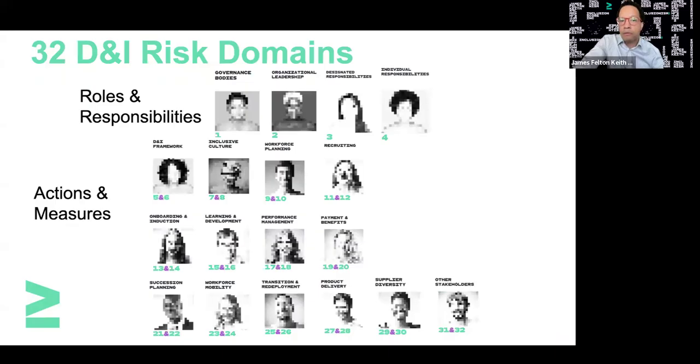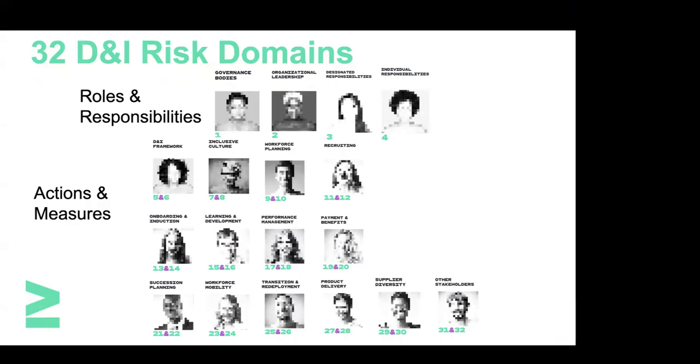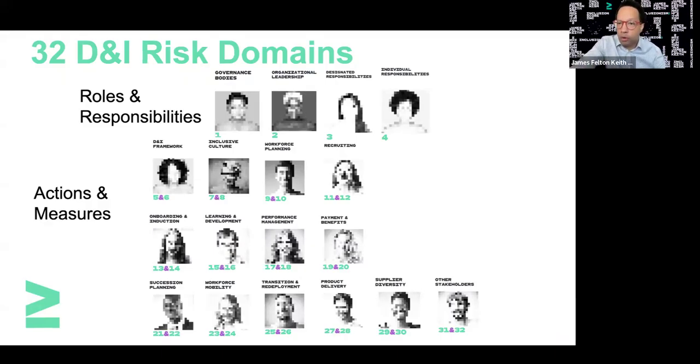Last but not least are those functional parts of the organization that, again, services get distributed through. Those 4 groups that I talked about, again, they extrapolate out into 32 domains. I won't spend time going through all of these domains, but they cover everything from your organizational leadership, those are your executives, to your management ranks, to the everyday people that work at the institution, to things like how you build employee resource groups, to recruiting, to onboarding, the payments, to performance management, to transition and redeployment, to supplier diversity, to you name it.